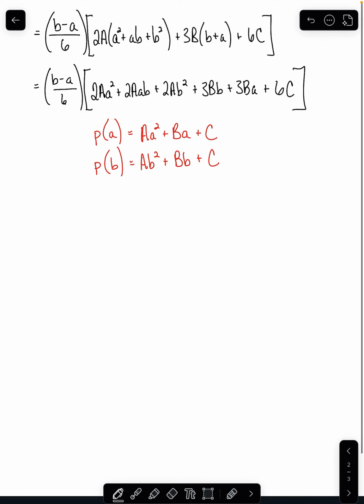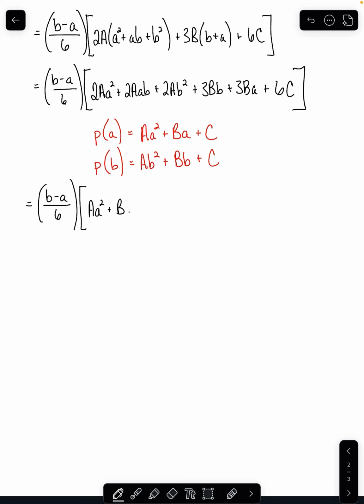Let's first separate out the pieces we need to get P of little a and P of little b. So to get P of little a, we need 1 of our big A times little a squareds plus 1 of our big B times little a plus 1 of our c's.